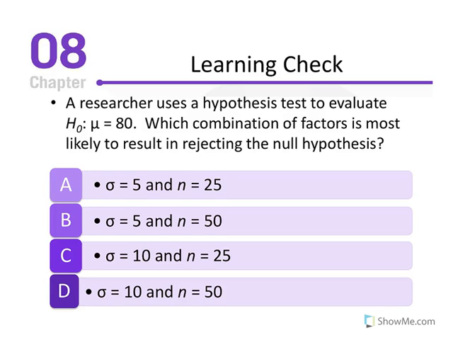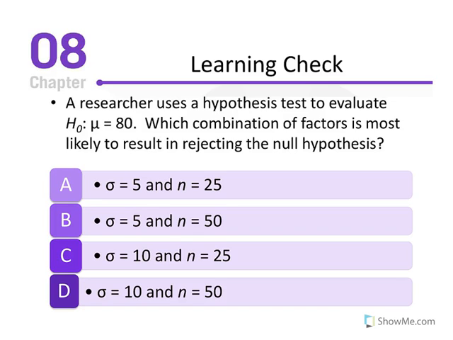Okay, we'll end with a learning check. Again, we just discussed the relationship between these variables, so let's take this scenario into consideration. A researcher uses a hypothesis test to evaluate the null statement, which says the treated population mean will equal 80. Which combination of factors is most likely to result in rejecting the null hypothesis?